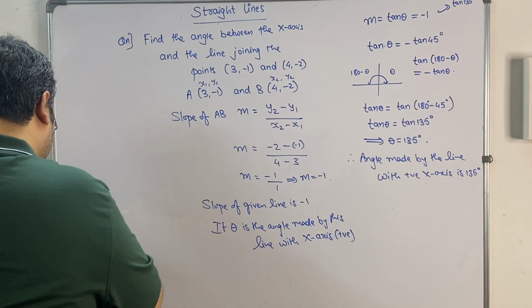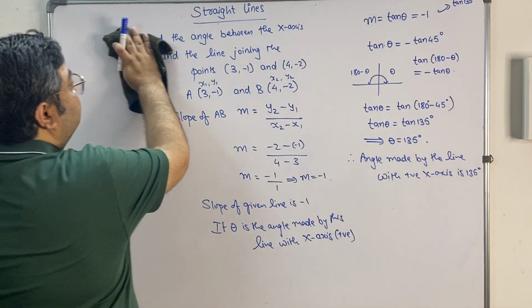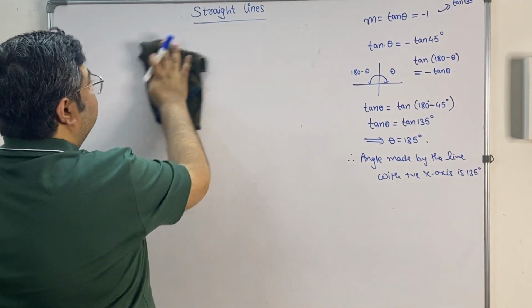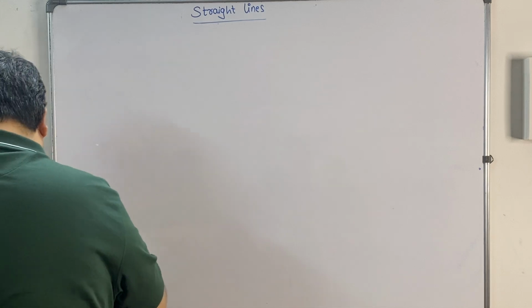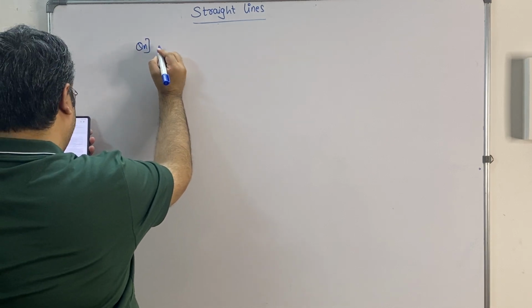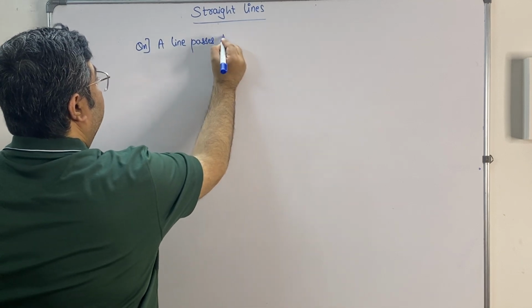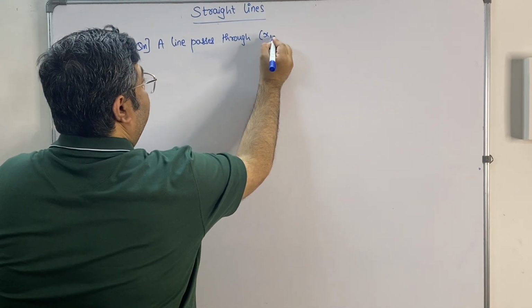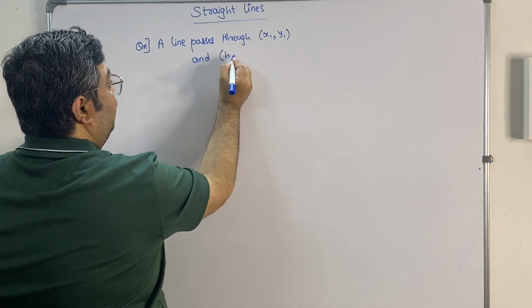Now there is another one, the 11th question based on slopes, from the exercise. The question says: a line passes through (x1, y1) and (h, k).